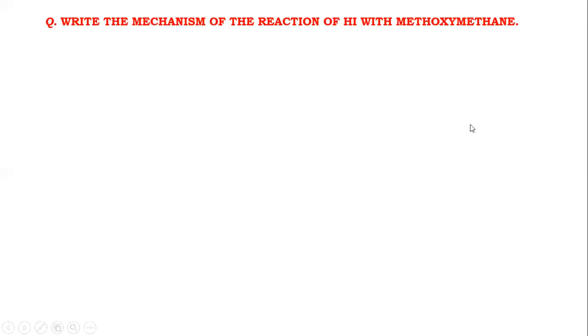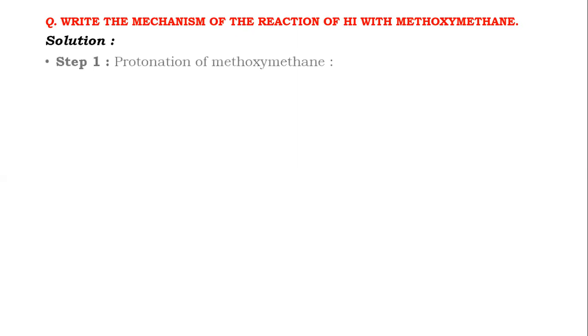The question regarding the topic is: write the mechanism of the reaction of HI with methoxymethane. The solution will be: we know in the first step protonation of methoxymethane takes place.